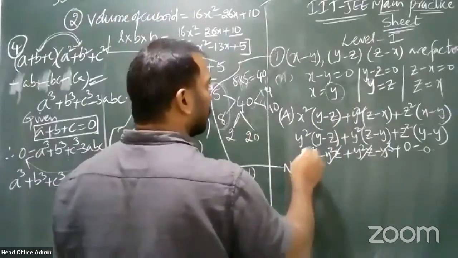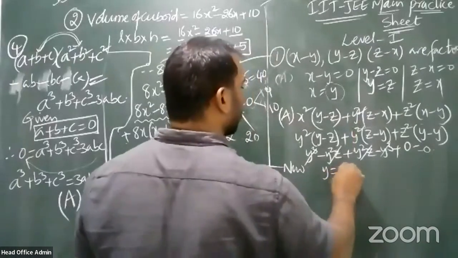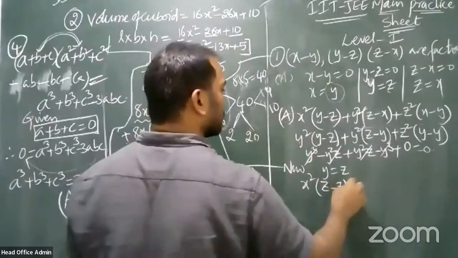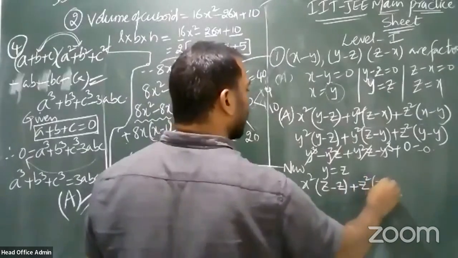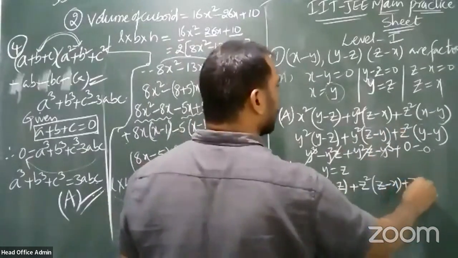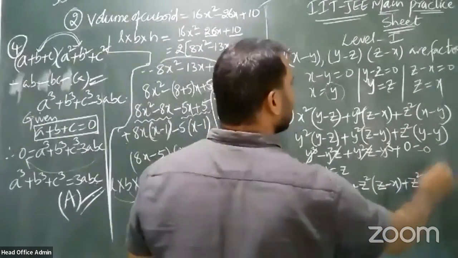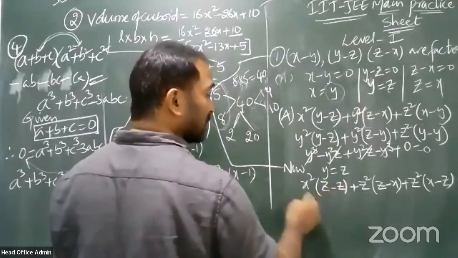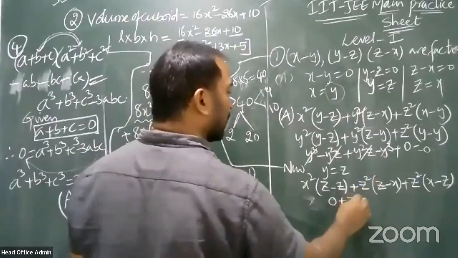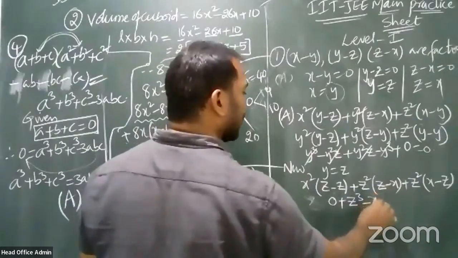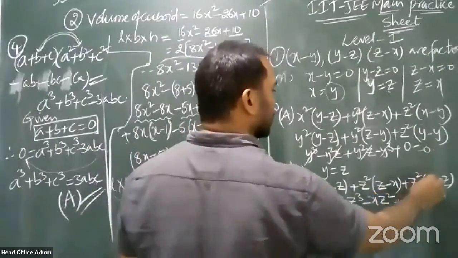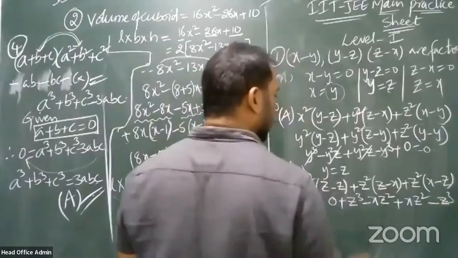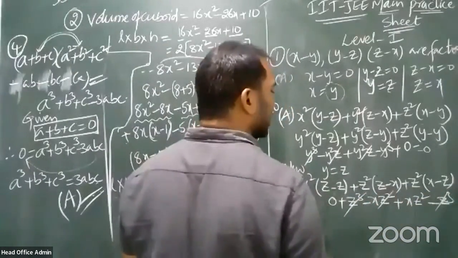Now take y equal to z: x square into (z minus z), z square into (z minus x), z square into (x minus z). z minus z is 0, and 0 into x square is 0. z square into z is z cube, minus z square into x is xz square, plus z square x is xz square, minus z cube. So z cube minus z cube minus xz square plus xz square.